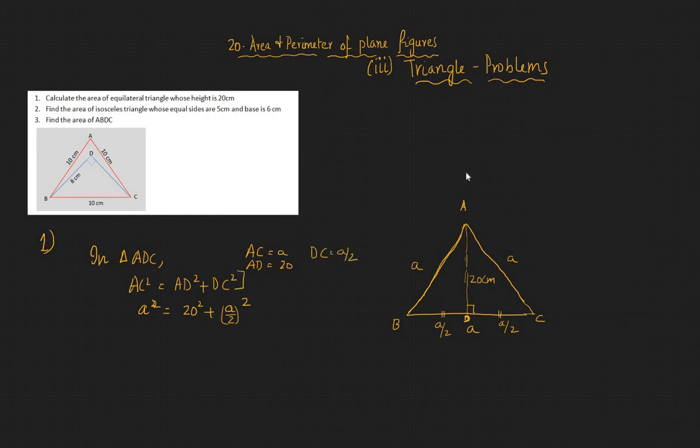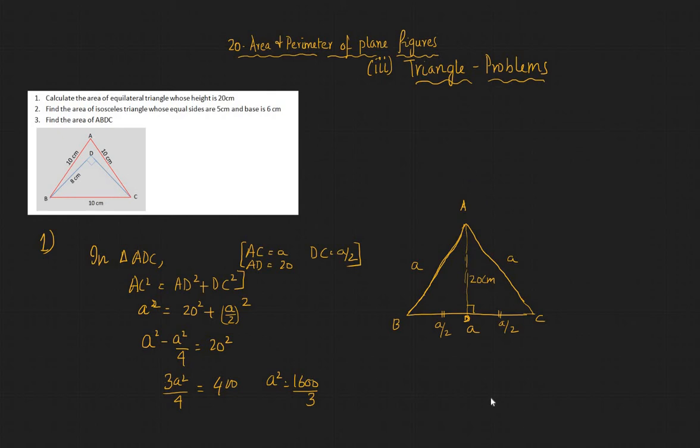You can write this together just to make sure that it's there in your head, and then you can find out the value: A squared minus A squared by 4 is 20 squared, so 3A squared by 4 would be 400, or A squared equals 1600 divided by 3.